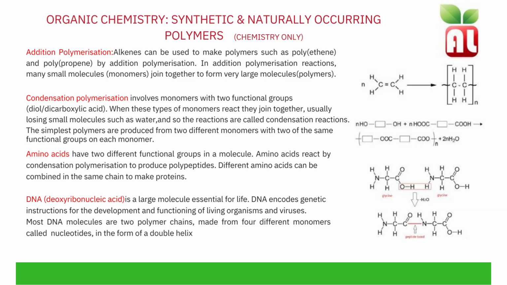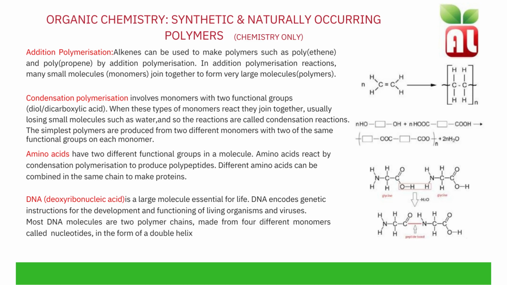Addition polymerization will take place due to alkene monomers reacting together to make polymers such as polyethene and polypropene. This is done by addition polymerization, where many small molecules, monomers, join together to form very large molecules, polymers. Polymers are used in the production of plastics.